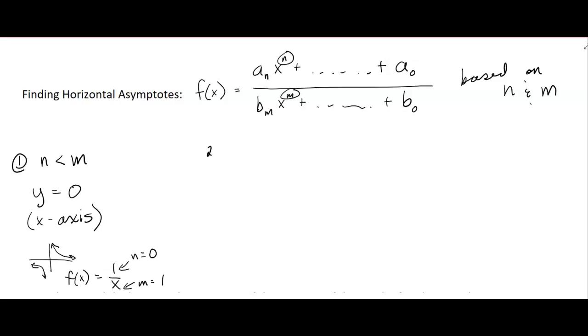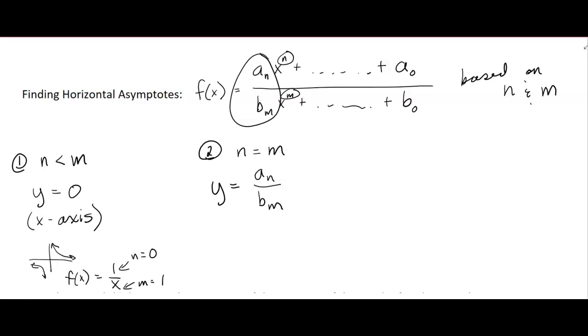If the degrees are the same, so if n equals m, then the horizontal asymptote is the coefficients. It's a sub n divided by b sub m. That one's kind of weird, but it's one of my favorites. So if the two degrees are the same, you get this horizontal line at a sub n over b sub m, whatever those leading coefficients are.